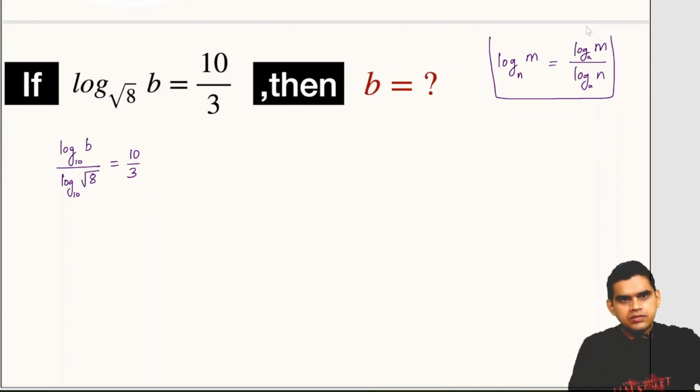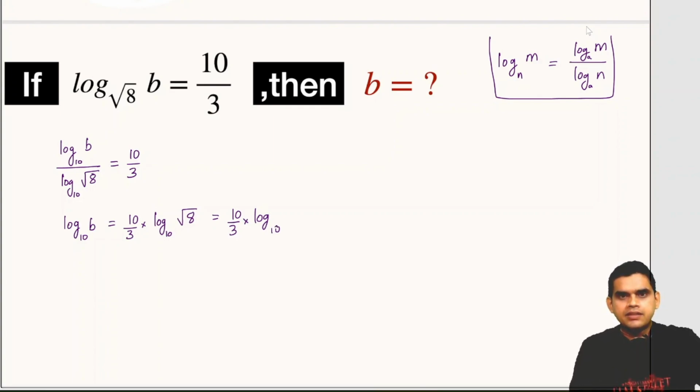Now we will get log base 10 b is equal to 10 over 3 multiplied by log base 10 root 8.